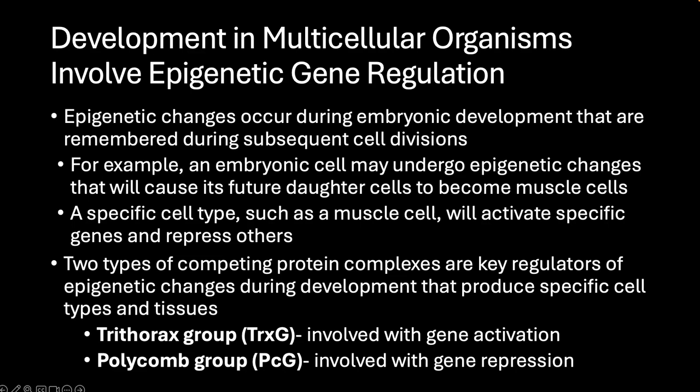There are two types of competing protein complexes that regulate epigenetic changes during development and produce these specific cell types. They are the trithorax group proteins that are involved in gene activation and the polycomb group proteins involved in gene repression.